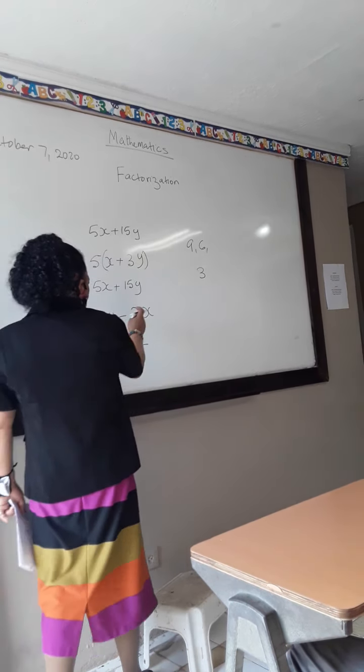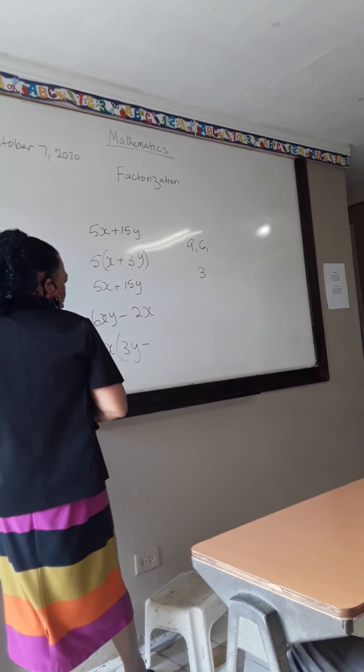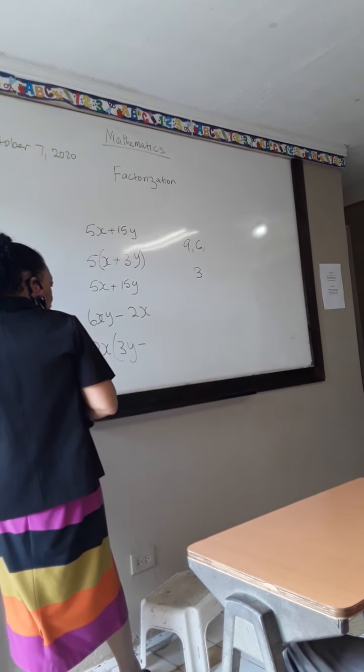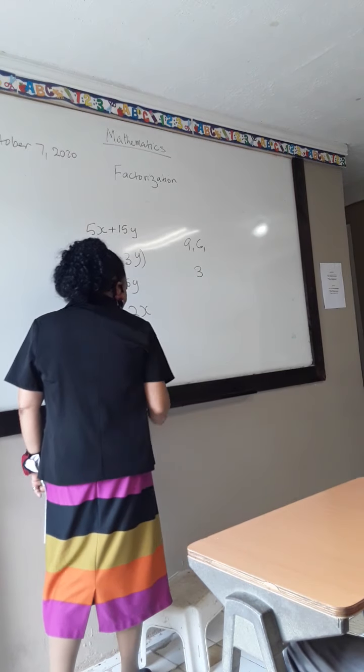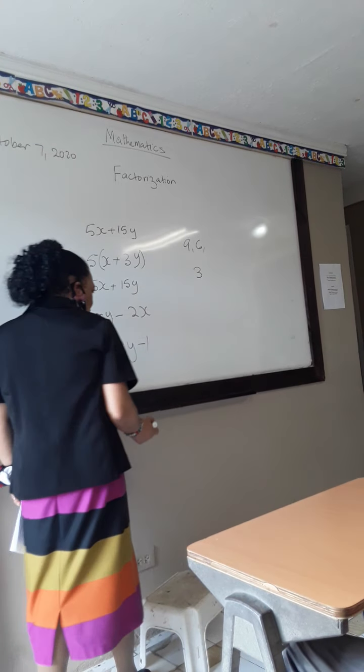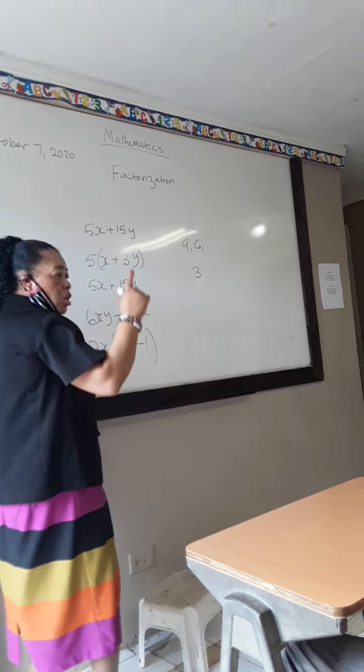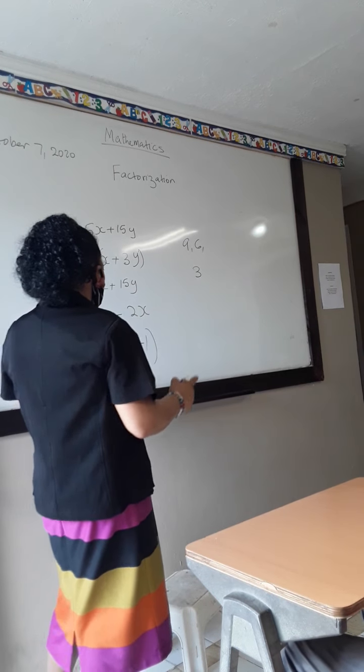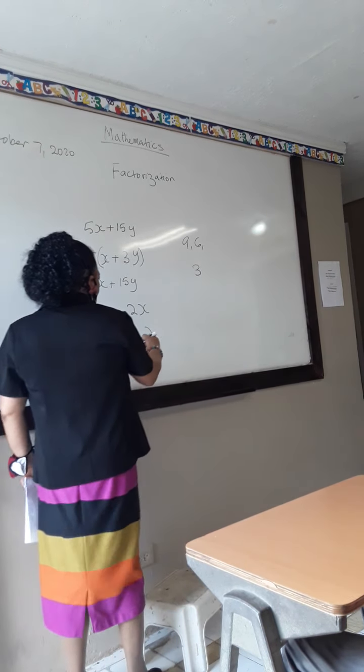Minus 2 into 2x is going to give me 1, and x into x is still going to give me 1. So I'm not going to put 1. I'm simply going to put 3y, take away 1.